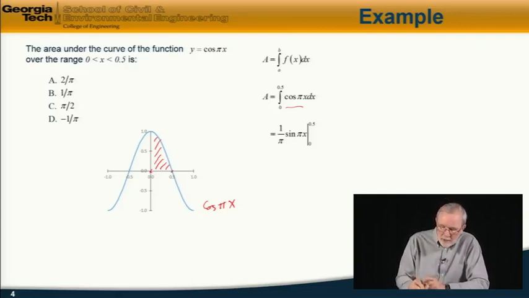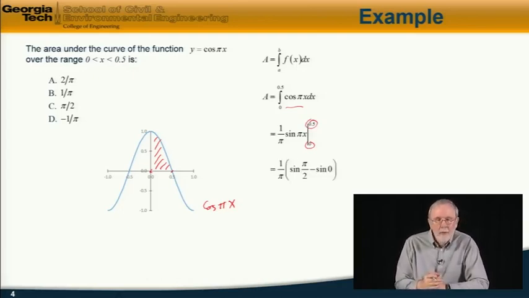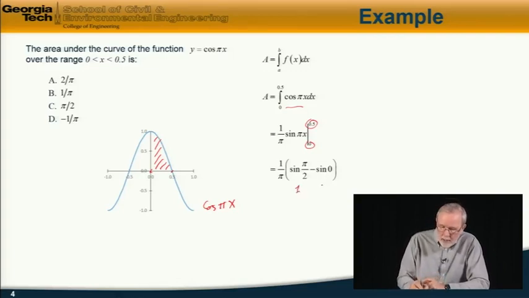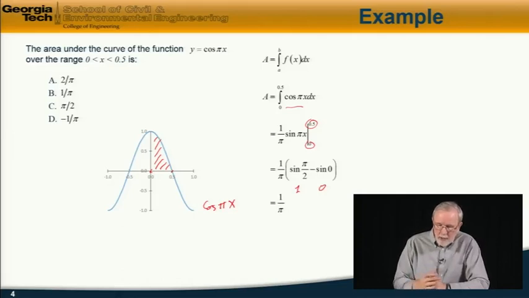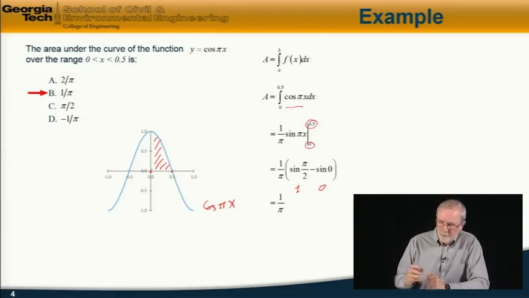We evaluate this function over the range of 0 to 0.5. So that is equal to 1 over pi, sine of pi over 2 times 0.5, minus sine 0 at the lower limit. Sine pi by 2 is 1, sine 0 is 0, so the answer is 1 over pi, and the answer is B.